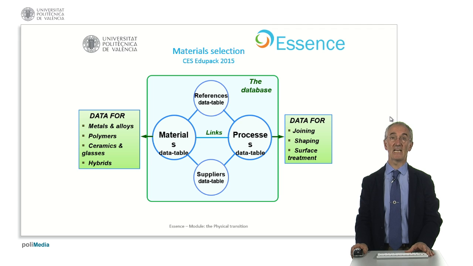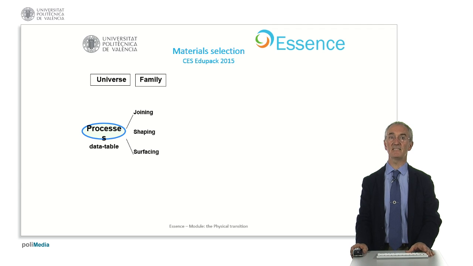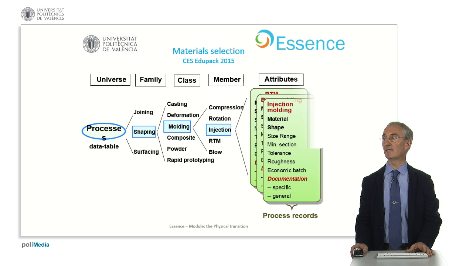Again, for selecting the materials, we need a database that includes data tables, references on how this information was obtained for being able to assess them, includes processing of the materials, and is able to detect which suppliers could be available. All these databases are assembled into universes, families, classes, members, and attributes in the CES EduPack 2015.